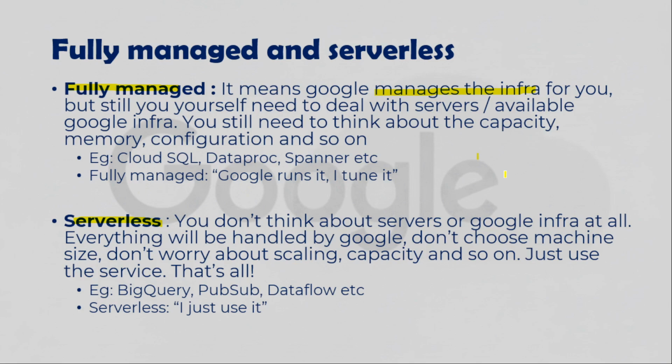Because Google can give you hardware, some networking stuff, and OS level stuff and so on, but your intervention is still required. It means that suppose you are running one job.